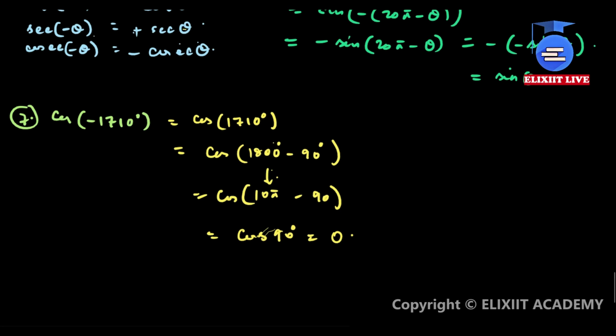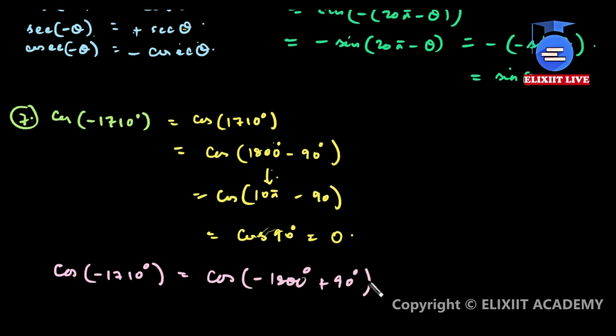For instance, I want to keep this minus 1710 degree. Then I can very well write this as cos of minus 1800 plus 90, that is minus 10 pi plus 90. Isn't it? Minus 10 pi plus 90 will give you minus 1710.